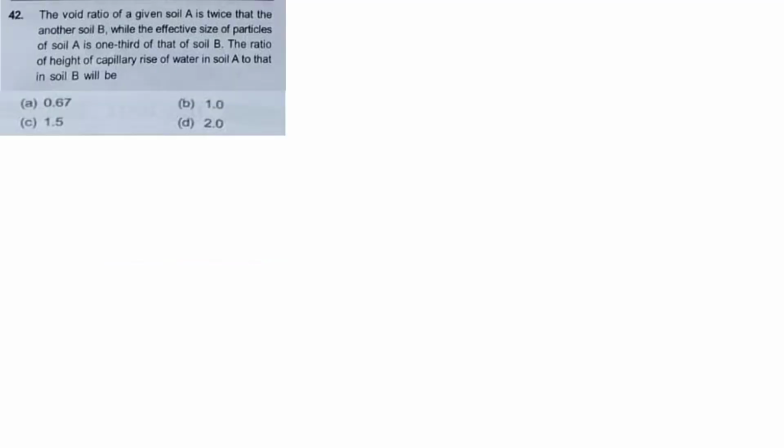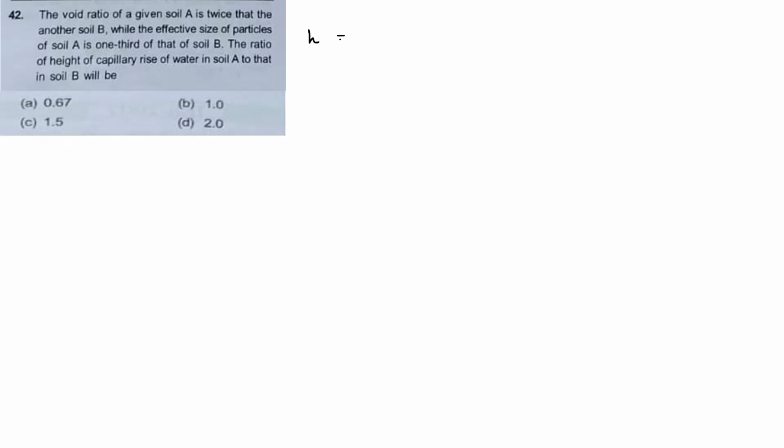Now question number 42. The void ratio of a given soil A is twice that of another soil B, while the effective size of particle of soil A is 1/3 of that of soil B. The ratio of height of capillary rise of water in soil A to that of soil B will be.